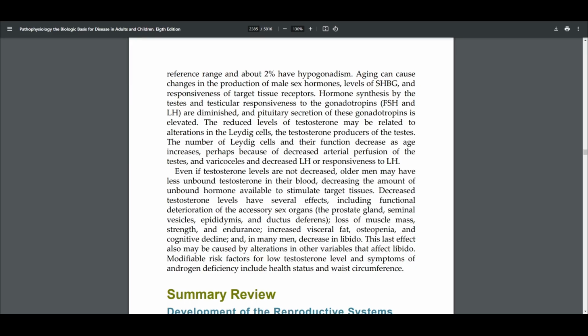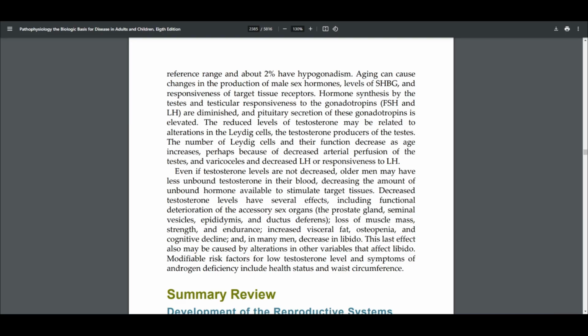The reduced levels of testosterone may be related to alterations in the Leydig cells, the testosterone producers of the testes. The number of Leydig cells and their function decrease as age increases, perhaps because of decreased arterial perfusion of the testes, varicocele, and decreased luteinizing hormone or responsiveness to LH.